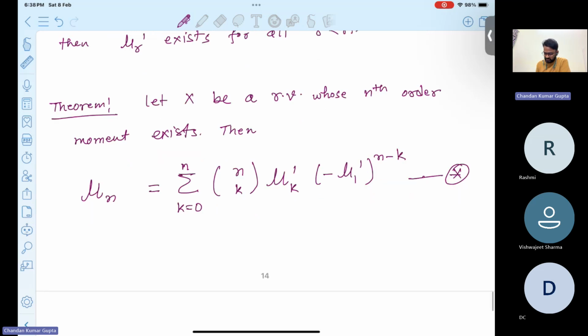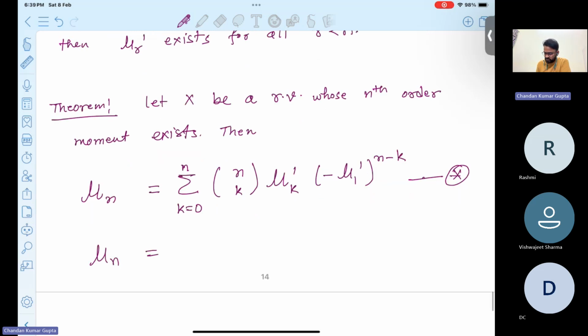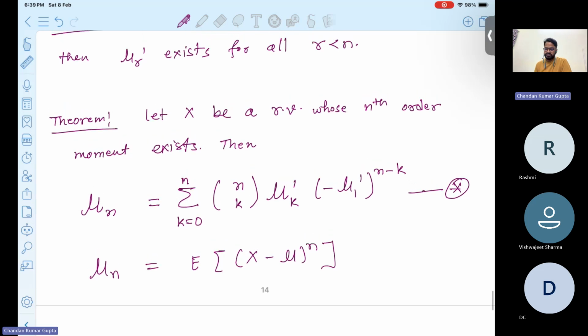If mu n equals the expected value of x minus mu to the power n, that is a minus b whole power n. Using the binomial expansion and after simplification, you will get equation star. So these are the relationships between non-central moment and central moment.